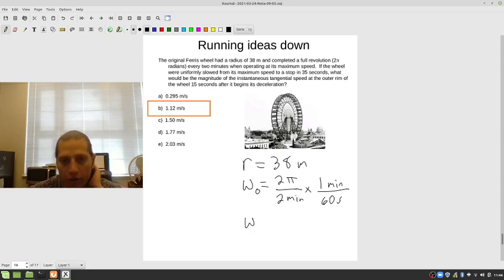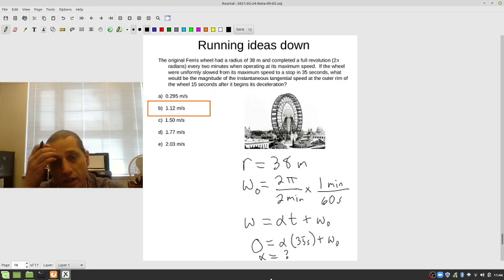If we have omega equals alpha t plus omega naught, and we're told that the final omega is 0 after 35 seconds, then alpha times 35 seconds plus omega naught equals 0. So that would let us solve for the angular acceleration of this thing. It should be negative because it's slowing down.